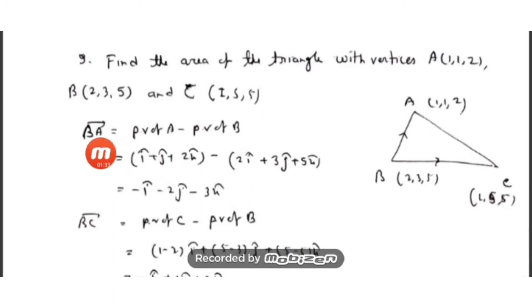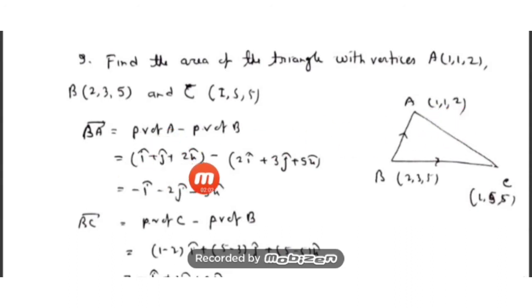What is BA? As you know, from the coordinates of A we can write down its position vector. By definition, we get the vector BA by finding the position vector of the terminal point minus the position vector of the initial point. That is PV of A minus PV of B, where PV means position vector. The position vector of A is i cap plus j cap plus 2k cap.